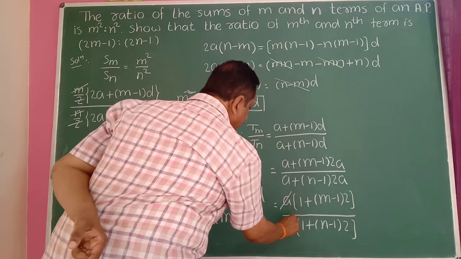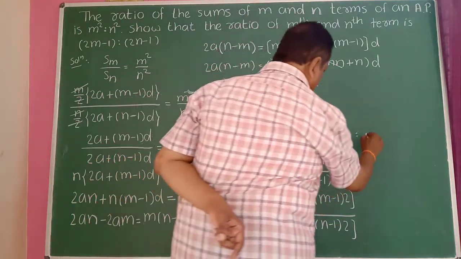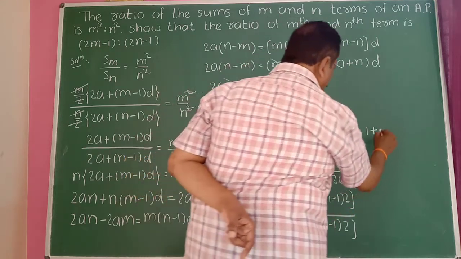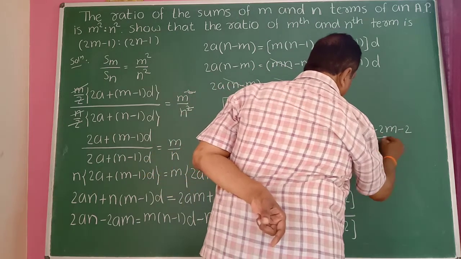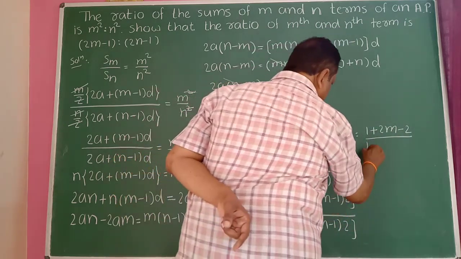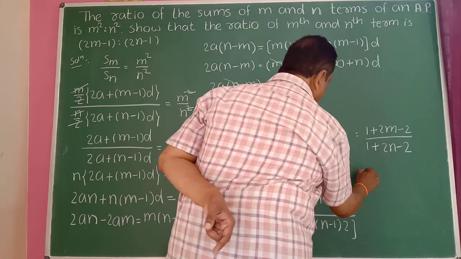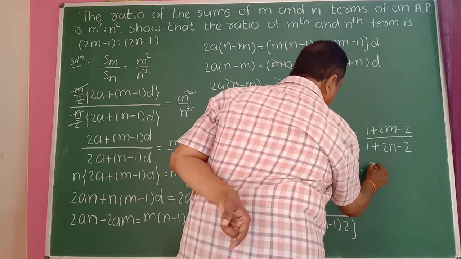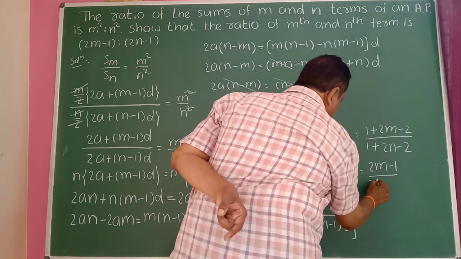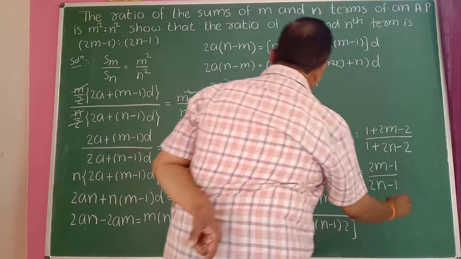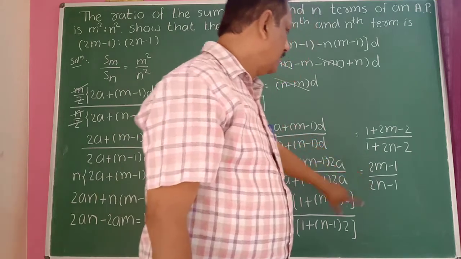Then this a and this a cancel. Therefore, this is equal to 1 plus, take 2 inside the bracket, 2m minus 2, divided by, in the denominator, 1 plus 2n minus 2. Therefore, 2m as it is, 1 minus 2 becomes minus 1, and 2n as it is, 1 minus 2 becomes minus 1. Therefore, Tm upon Tn is equal to 2m minus 1 divided by 2n minus 1.